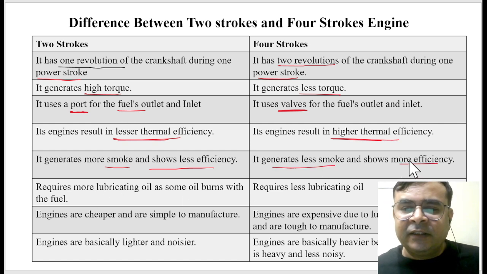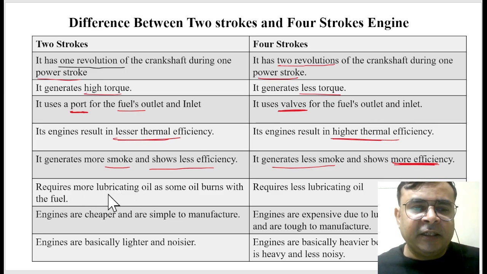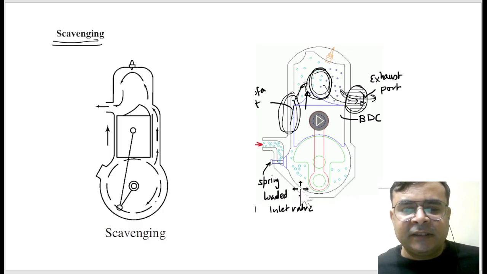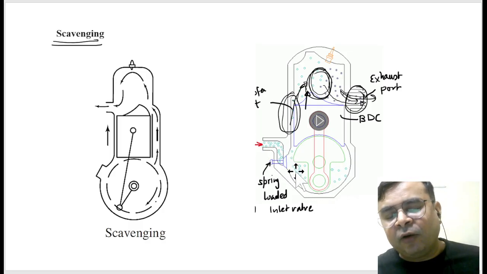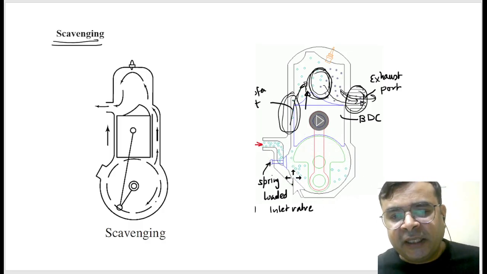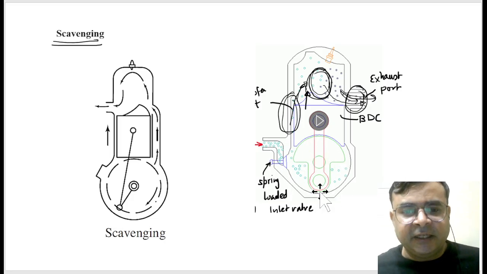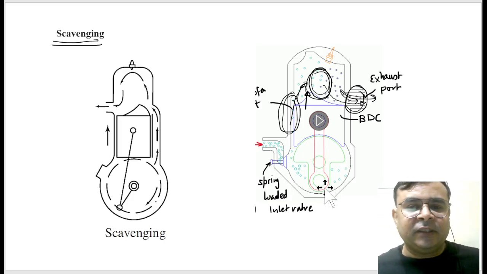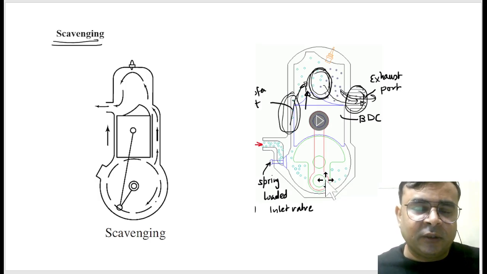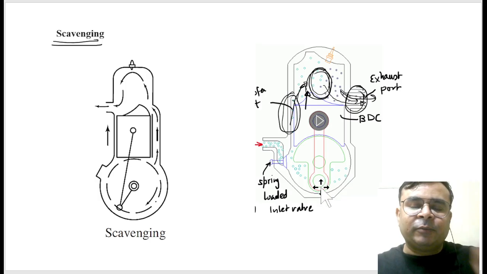Is it right? And this is the major reason behind the use of the four-stroke engine. And the two-stroke requires lubricating oil. Why is lubricating oil required? Because you can see the fuel also mixes with the lubricating oil, which is provided in the crankcase. Is it right? That's why in old bikes which run on two-stroke engines, along with petrol we always put some 2T oil.